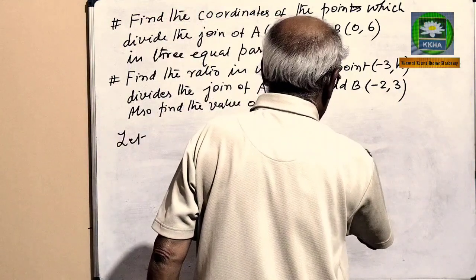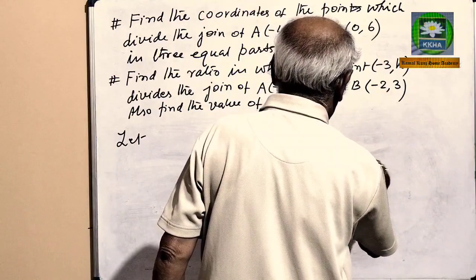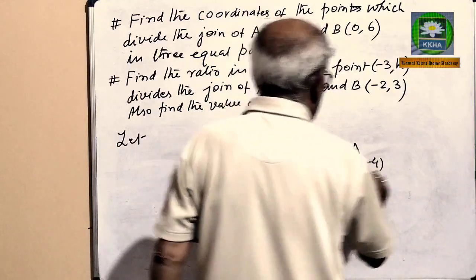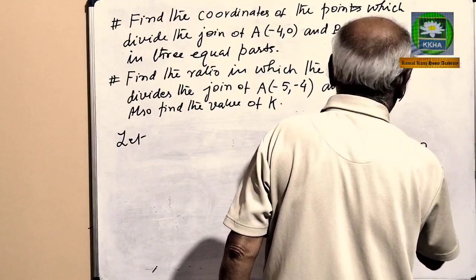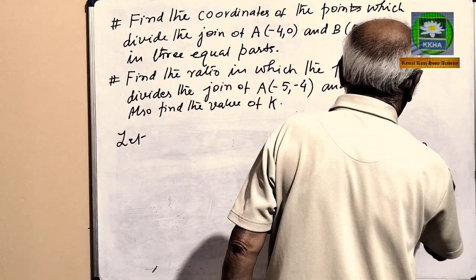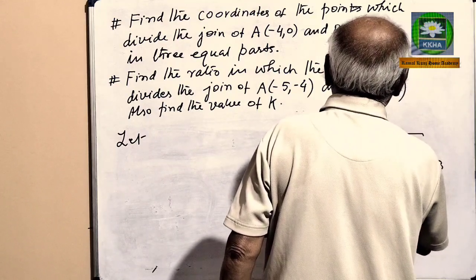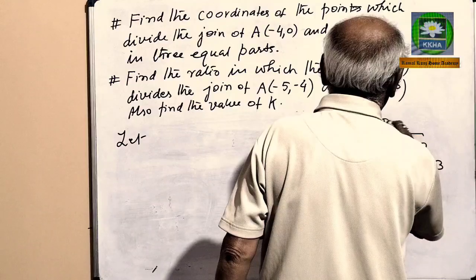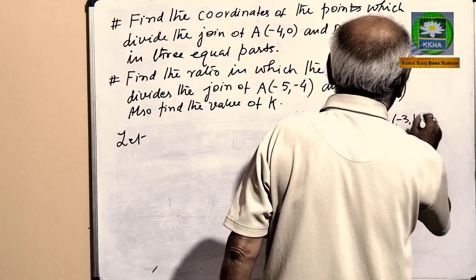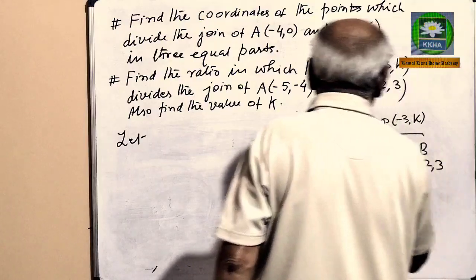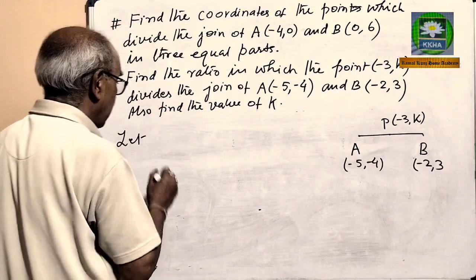Here point A is -5, -4 and B is -2 and 3. Let this point be P, minus 3 and k. Let this point divide the line segment in the ratio k is to 1.